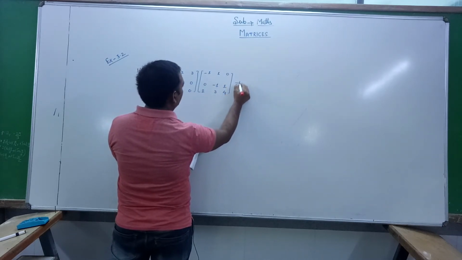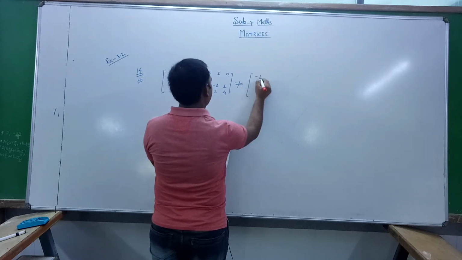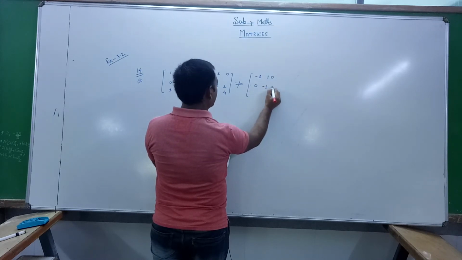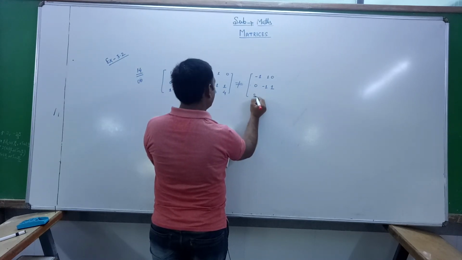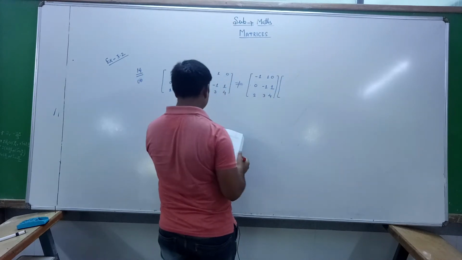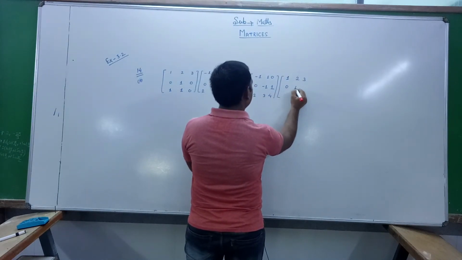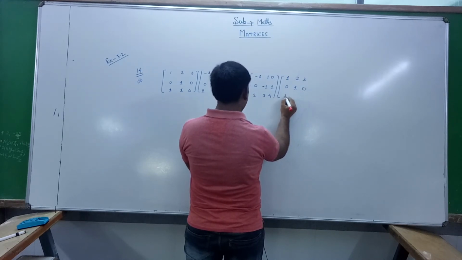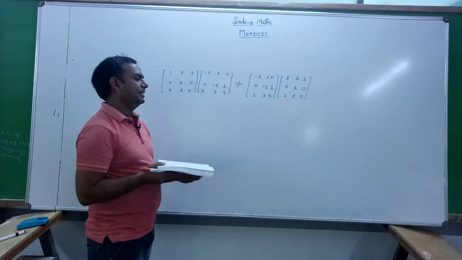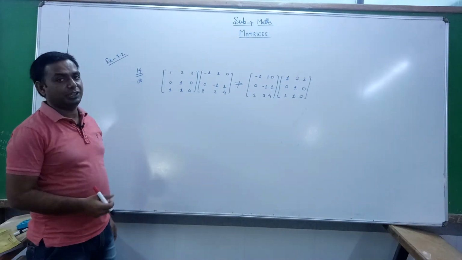That is not equal to [-1, 1, 0; 0, -1, 1; 2, 3, 4] times [1, 2, 3; 0, 1, 0; 1, 1, 0]. It means if you have two matrices, then the multiplication of A into B does not equal B into A. You can prove it here.